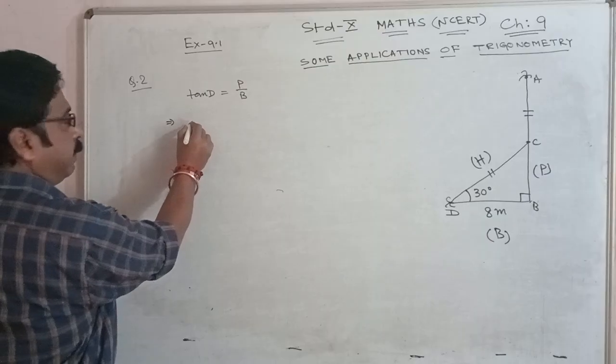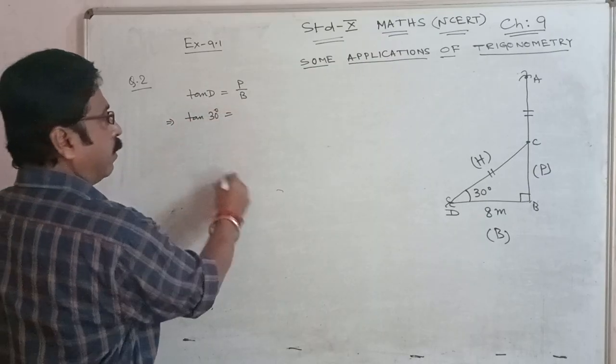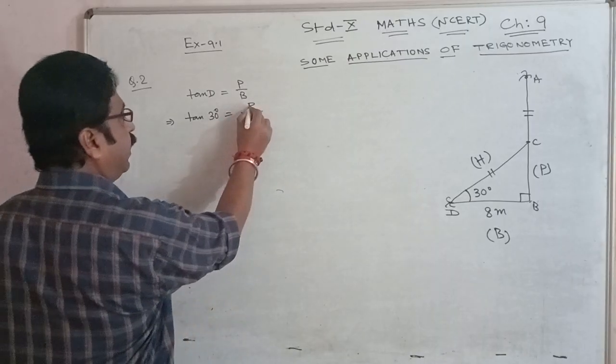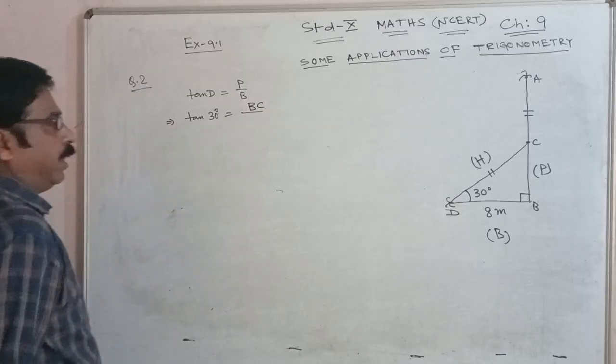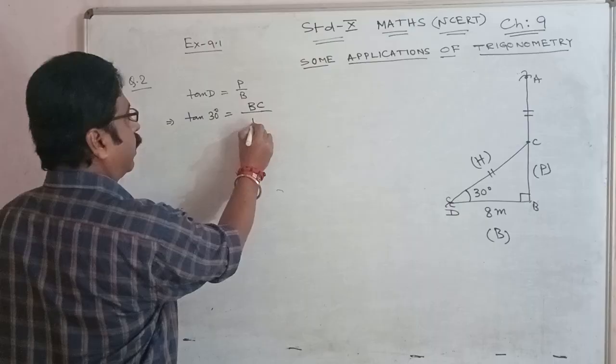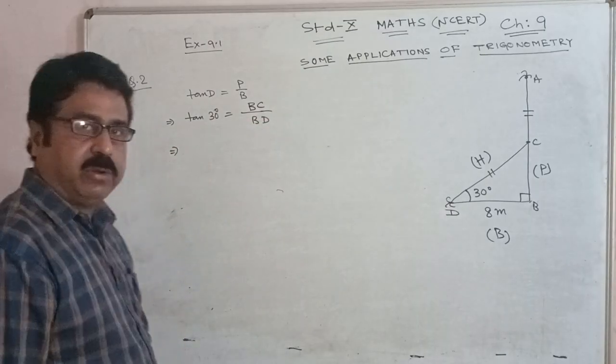D is 30 degree. Perpendicular is unknown, that means we can write BC, and base is BD. Now tan 30 is 1 upon root 3.